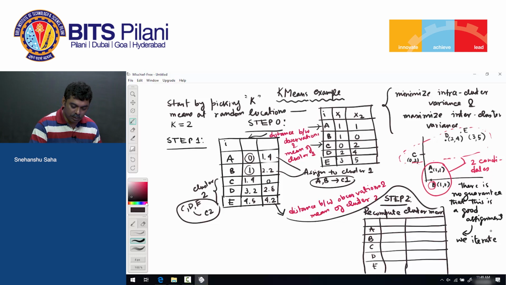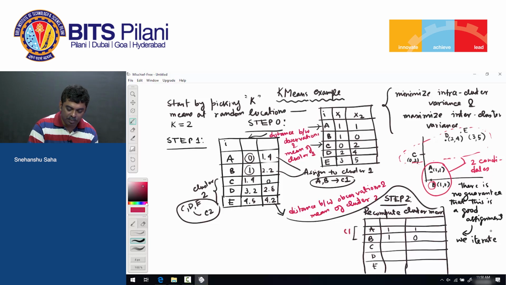Now, I just copy down these numbers from step 0. So these are 1, 1 and 1, 0, and these two belong to cluster C1. So we need to recompute the mean. What would the mean be?